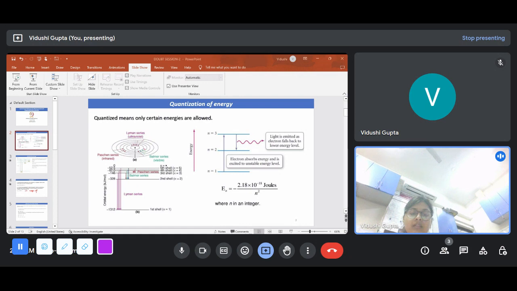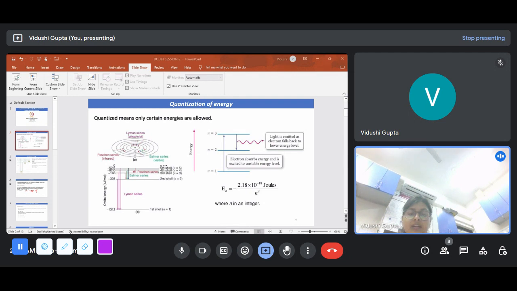And the second formula is: uncertainty in position and uncertainty in momentum is greater than or equal to h upon 4 pi.